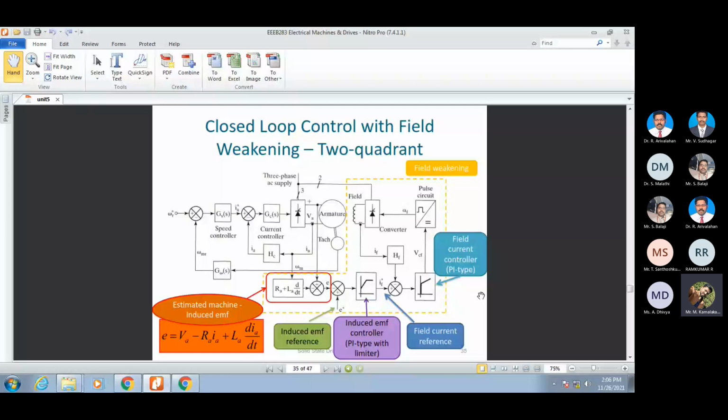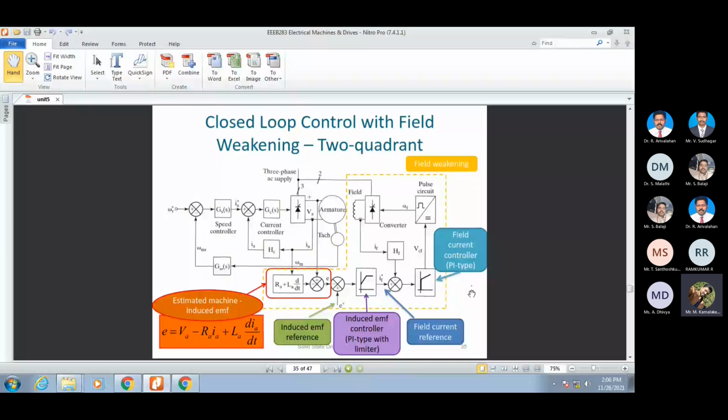And here also we will be estimating the gain of such controller blocks, and we will be estimating the time constants of such controller blocks. So that is the in-depth meaning, the background idea of designing the controllers for getting the speed of the motor or the drive to be controlled.